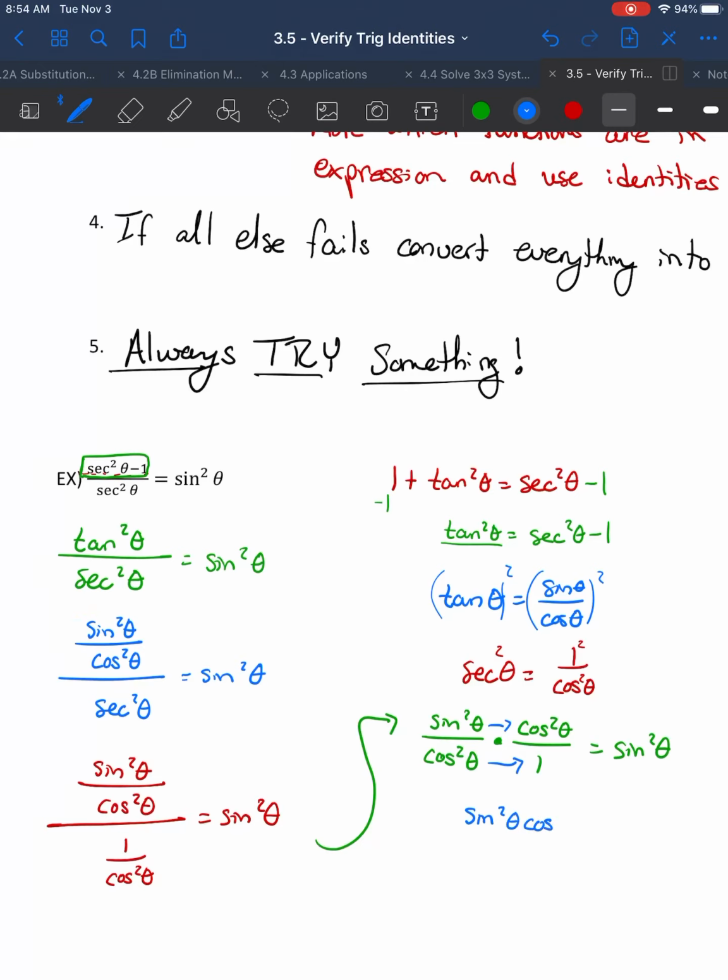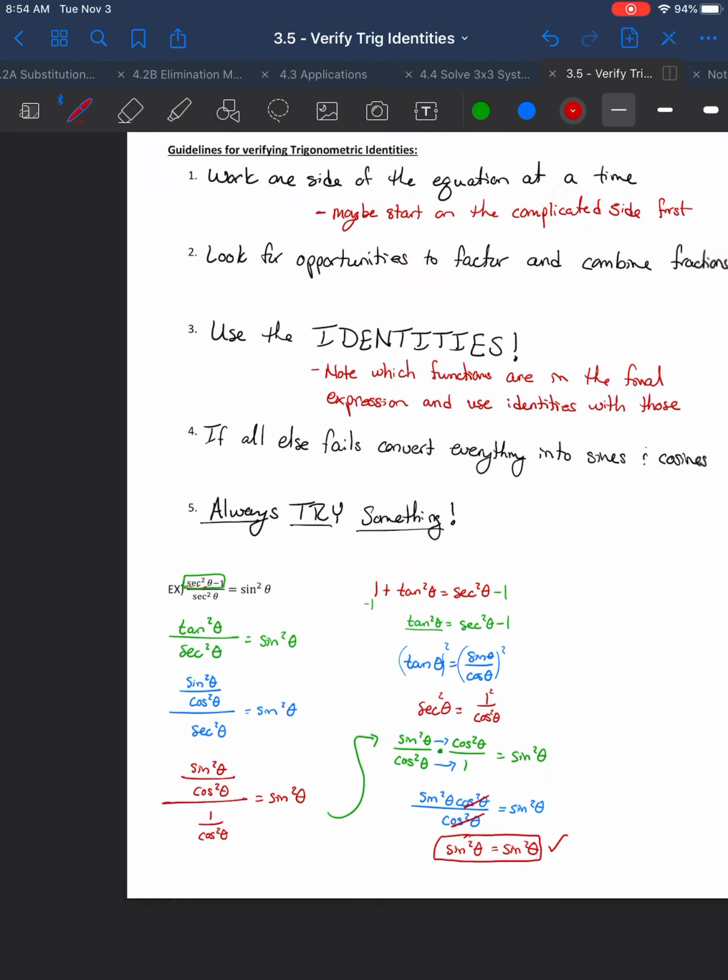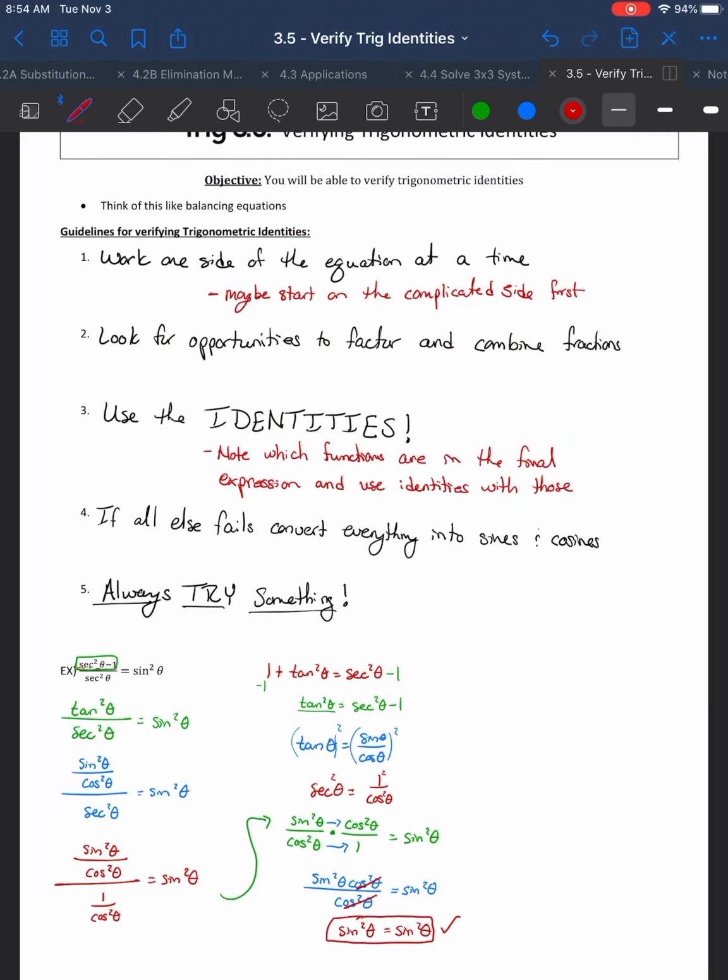If I multiply straight across, I now have sine squared times cosine squared over cosine squared. Hey, look at that. The cosine squareds cancel, leaving me with sine squared equal to sine squared. Pretty nifty.